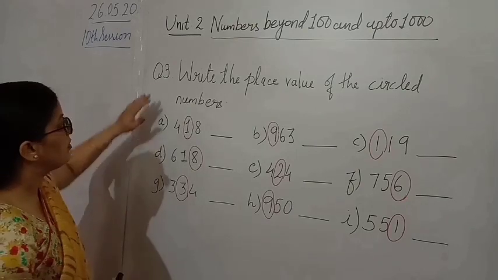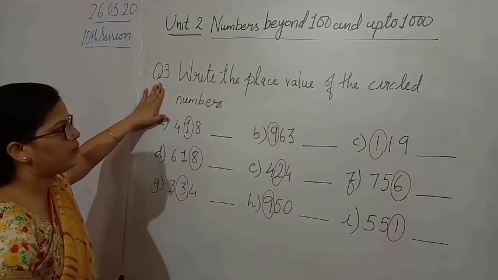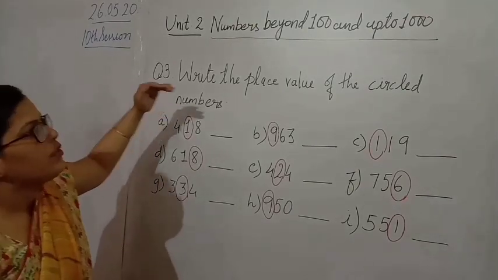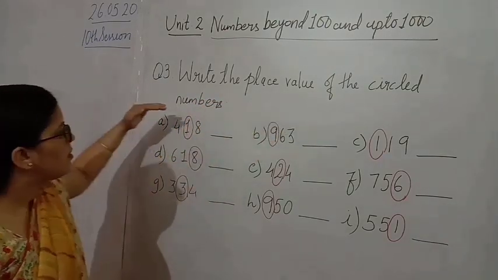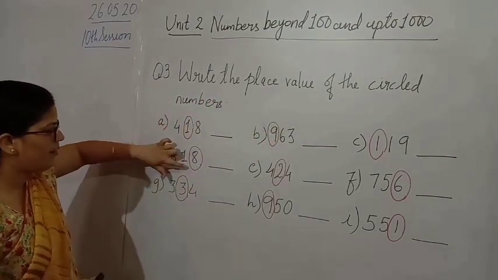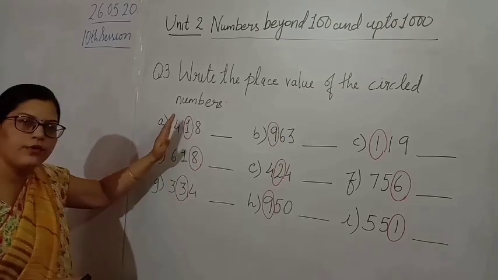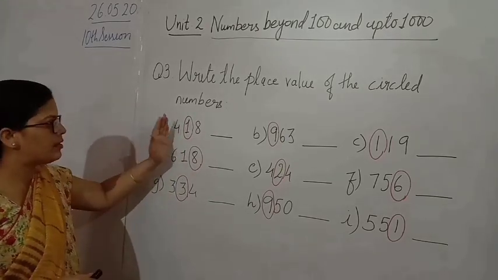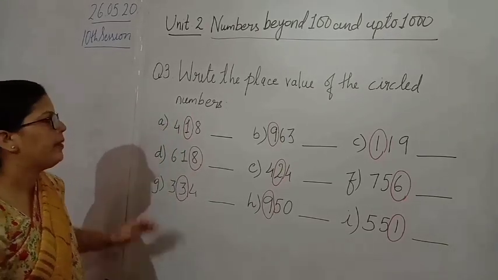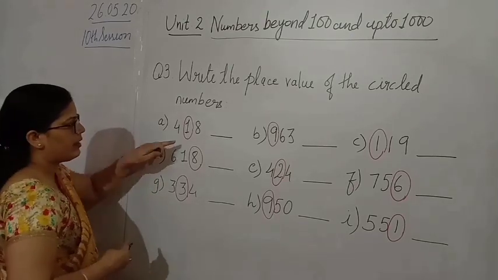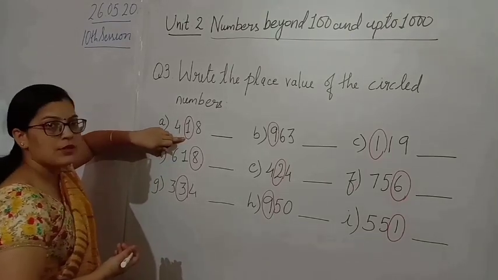So here is the third question, question number 3. Again, place value. Write the place value of the circled numbers. We have to write the place values only of the circled digits. Here I have circled numbers with red color. I hope it is visible.